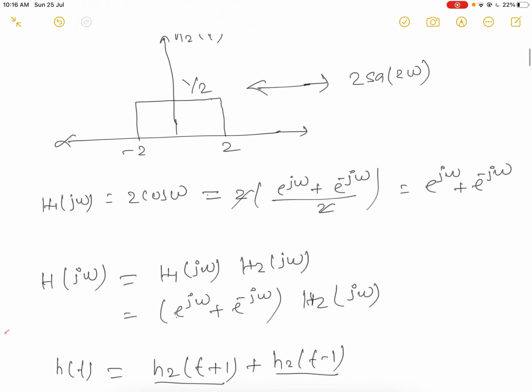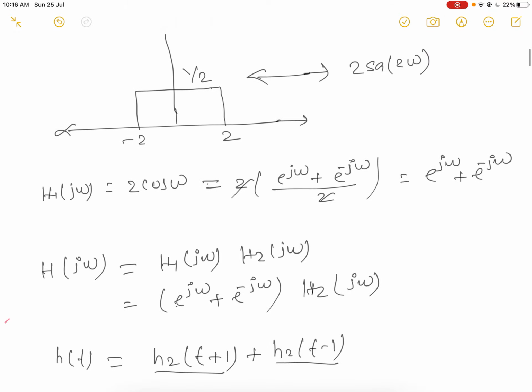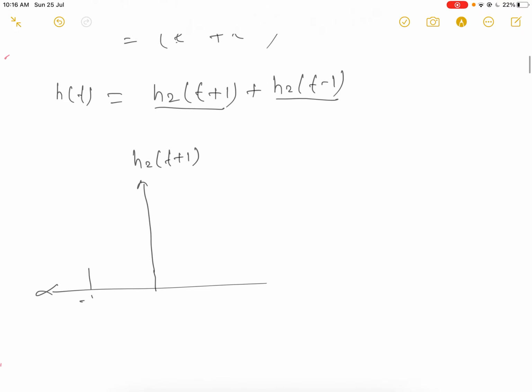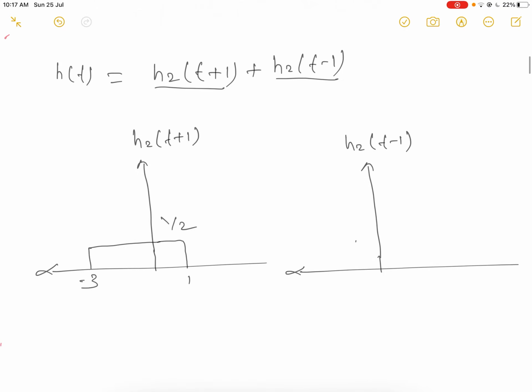When it is plus, the shift is to the left. Originally it started from -2, now it will start from -3 and go up to 1, with height 1/2. Now take h2(t-1). This shifts 1 unit to the right, so it starts from -1 and goes to 3, with height 1/2. Now add them and you will get h(t).